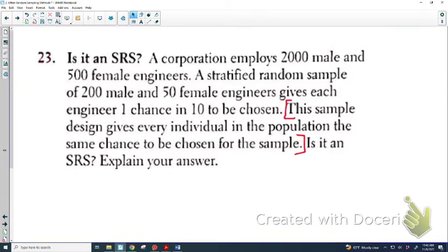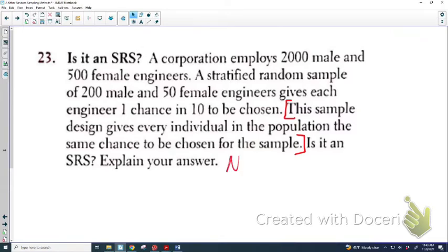And they tempt you with this sentence right here. This sounds really similar to the definition of an SRS. All they're doing is making it so that women and males can be included in the sample. They're forcing it to be proportional. But this is a different sentence than the definition of SRS.